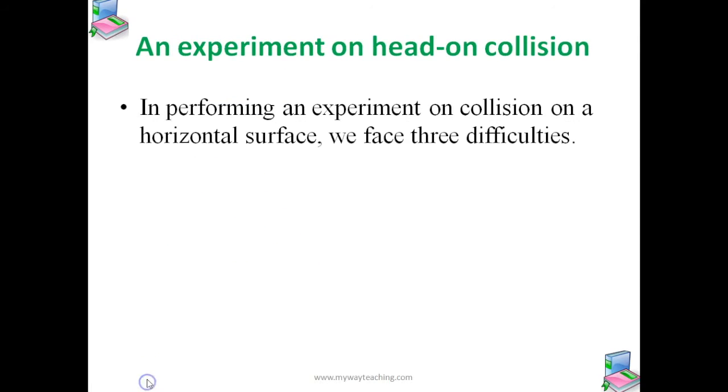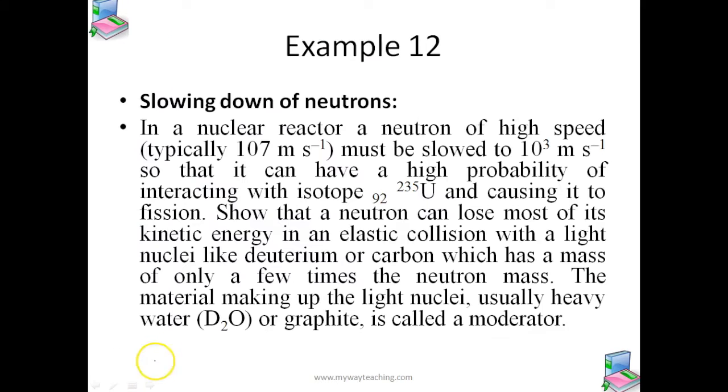So now let us consider a simple problem: slowing down of neutrons. In a nuclear reactor, a neutron of high speed, that is 10 raised to 7 meter per second, must be slowed down to 10 raised to 3 meter per second so that it can have a high probability of interacting with the isotope U-235 and causing it to fission.